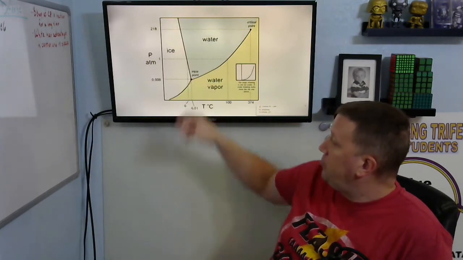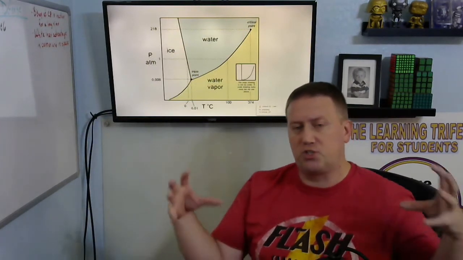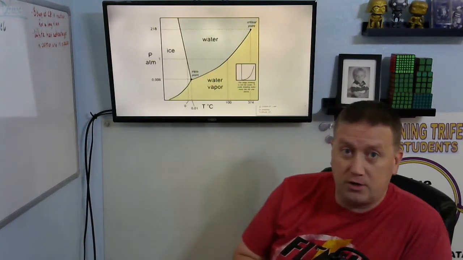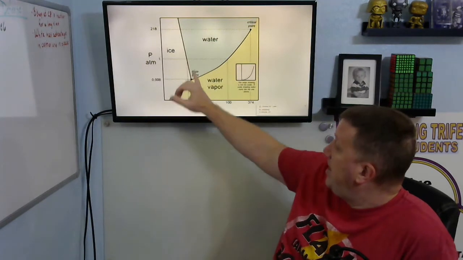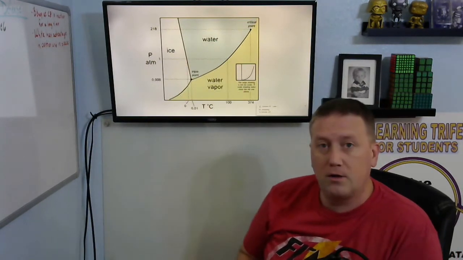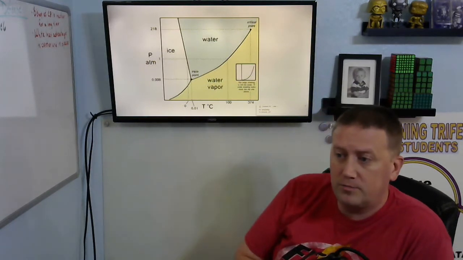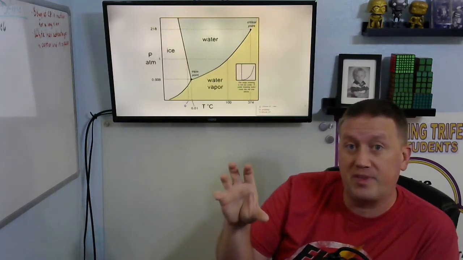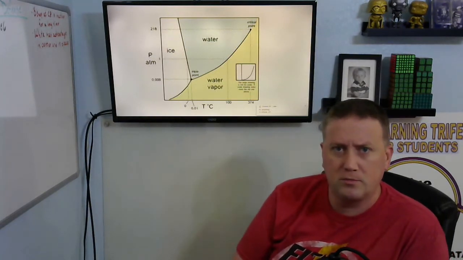As we increase the pressure, we can turn it into solid. We squish those molecules together. And then as we move up, as the pressure increases, it turns to a liquid. So pressure affects the phase of matter as well.